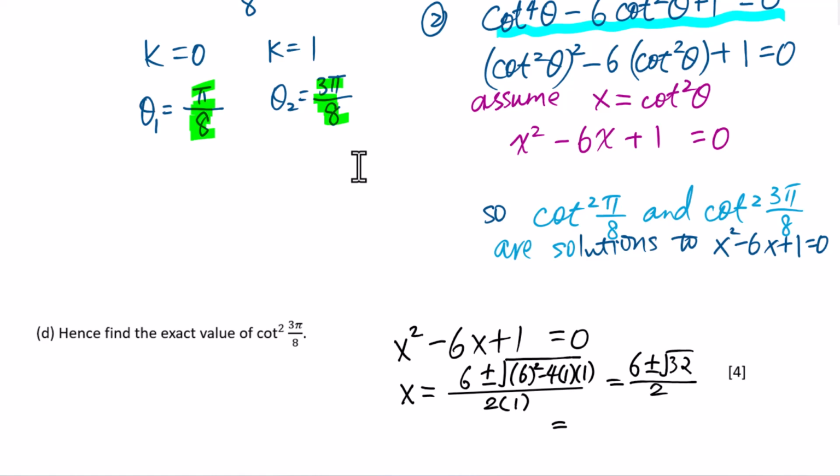The square root of 32 is 4 square root of 2. Reduce: 3 plus or minus 2 square root of 2.